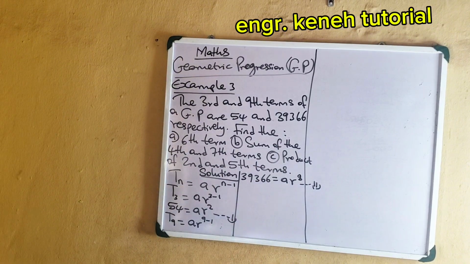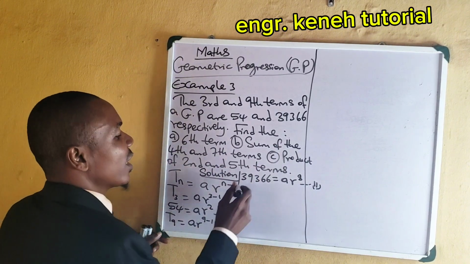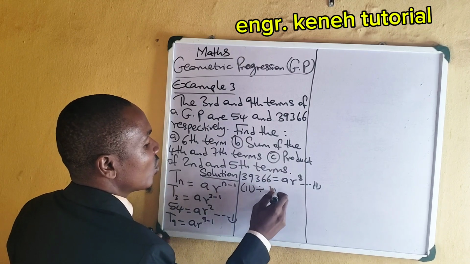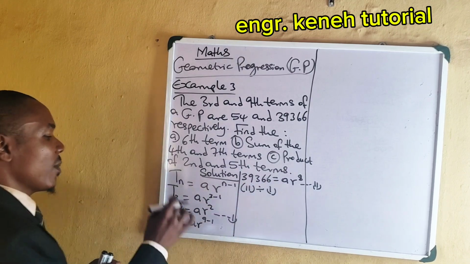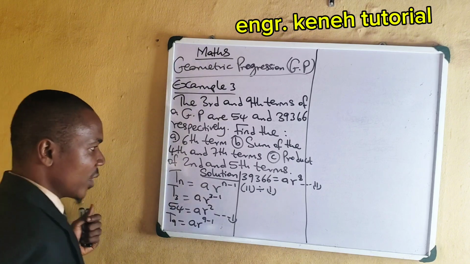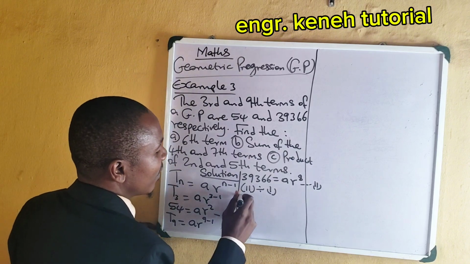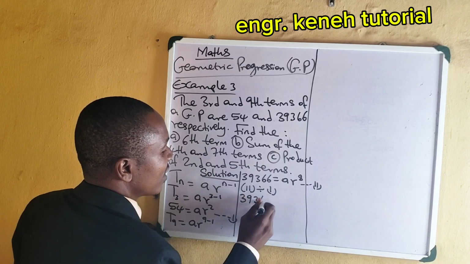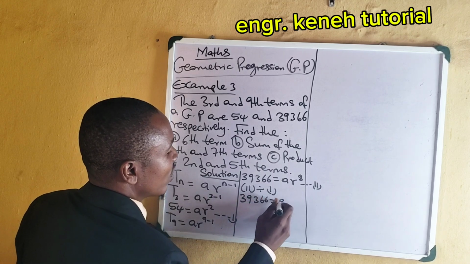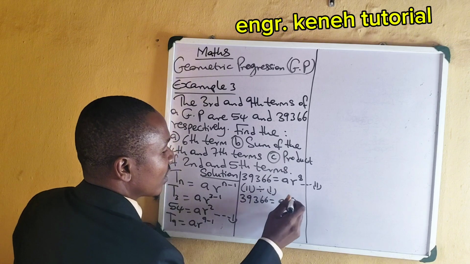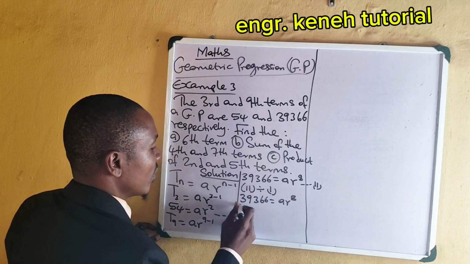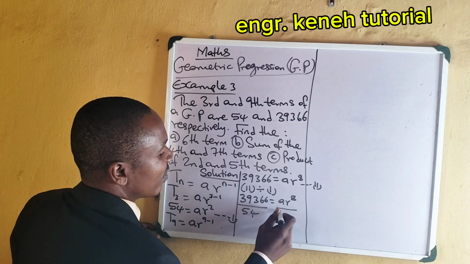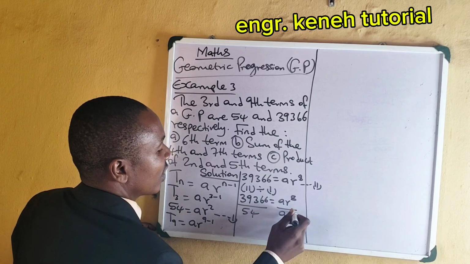When you have something like this, I will say equation 2 divided by equation 1. So I'll bring them together. What do I have? I have 39,366 on the left, this one will be divided by 54, while this one will be divided by this.